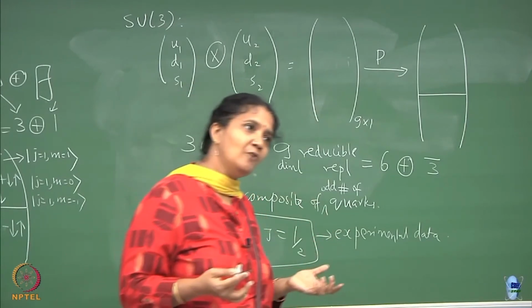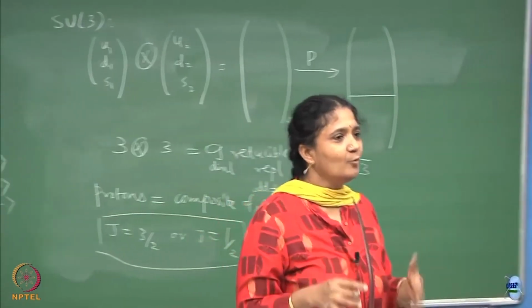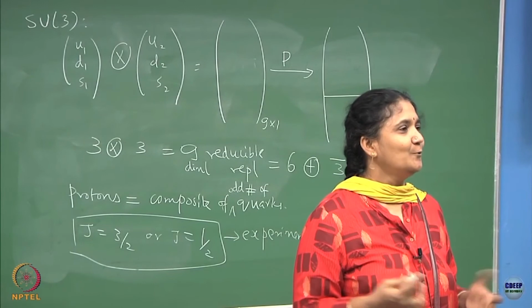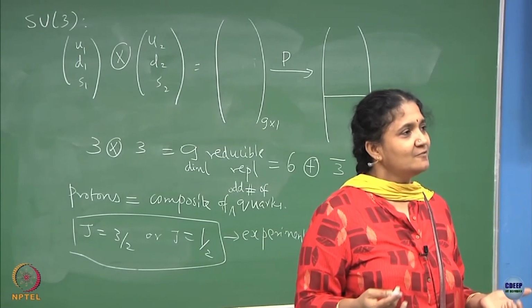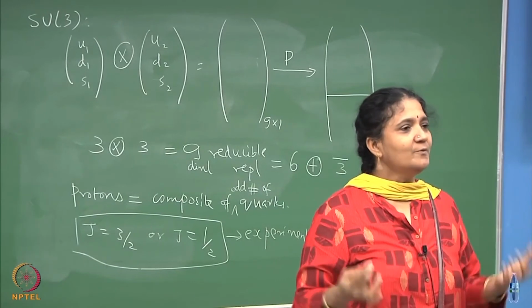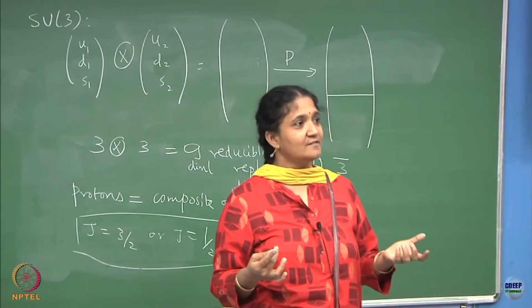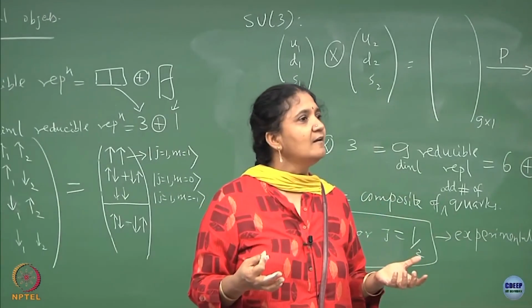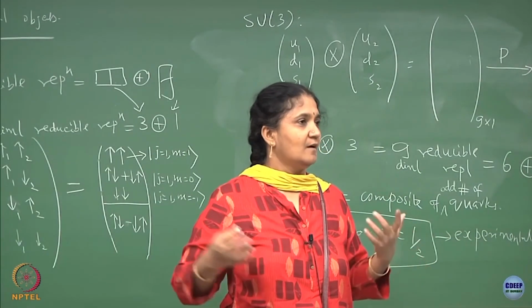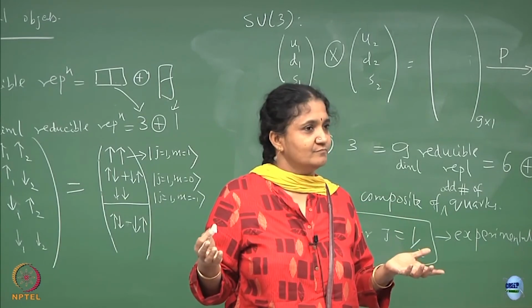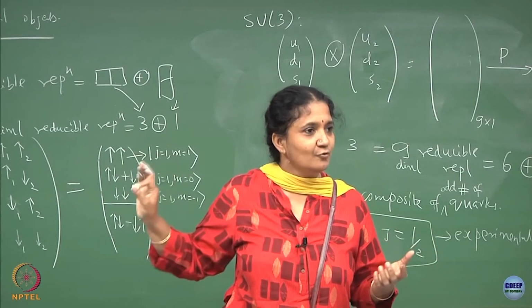Of course, 5 will also allow you 3 by 2 and half, but as a bonus you will also get 5 by 2. You do not know what to do with 5 by 2. So, indirectly we know that the composite objects in particle physics are made of 3 fundamental quarks, and these quarks have spin half nature as far as SU2 is concerned.